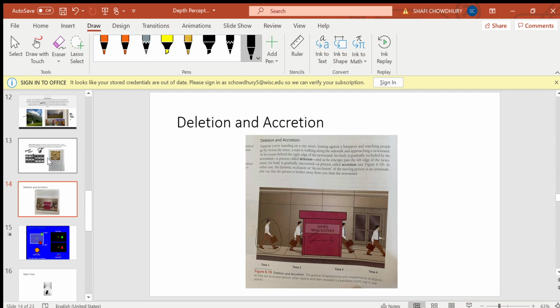So that is another cue, but these cues are motion cues or dynamic cues. So three dynamic cues. This is one, and optic flow.